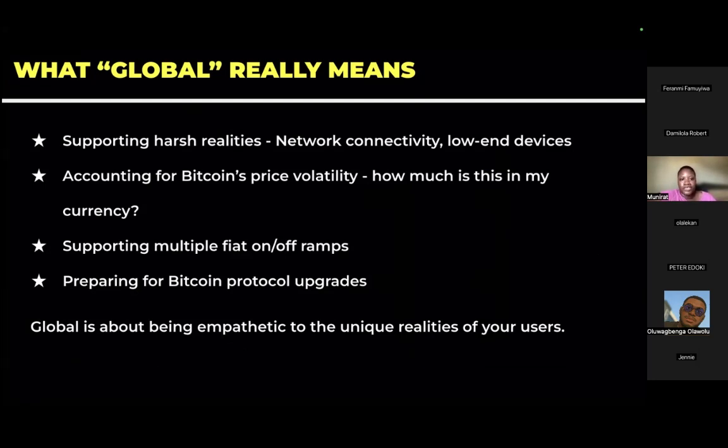It's about supporting harsh realities. There are people in some parts of the world where network connectivity is bad. Even here, network connectivity can be bad sometimes. There are people that use low-end devices, maybe cheap Android devices, that don't support most things. And then for Bitcoin products, you have to account for Bitcoin price volatility.